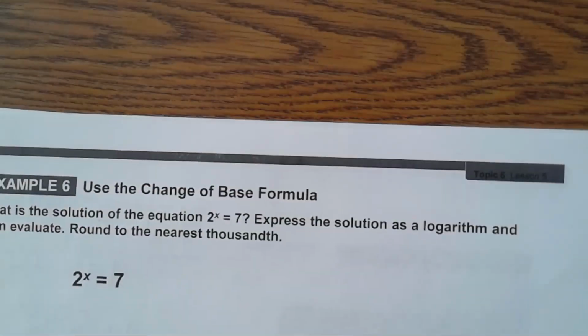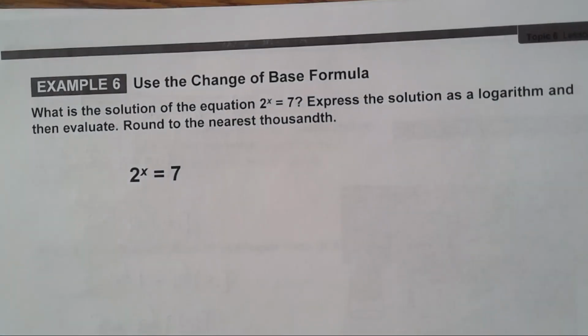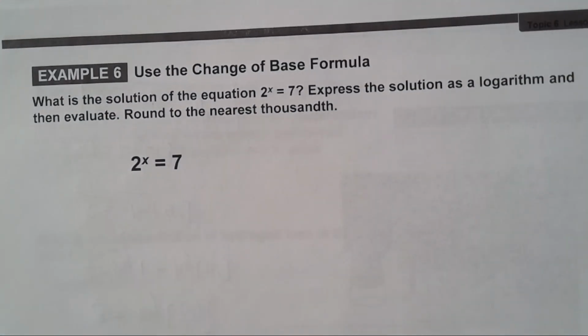All right. Lastly, we're going to introduce the new vocab, but we're going to actually try this one and solving this to nearest thousandth. So it says express the solution as a logarithm, then evaluate. Okay, so this is one way to solve this problem. So we got x is in the exponent, right?